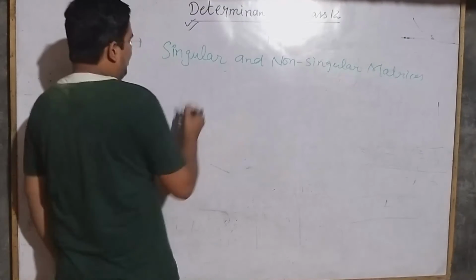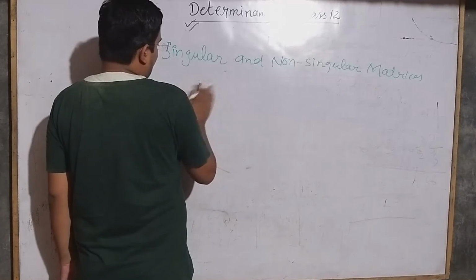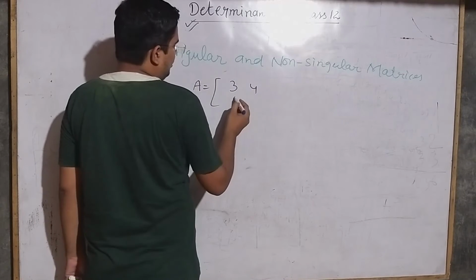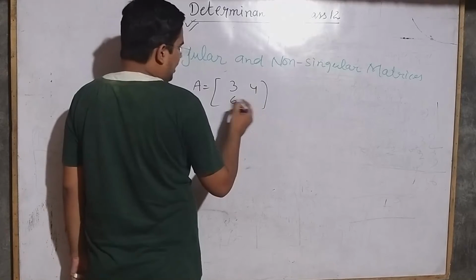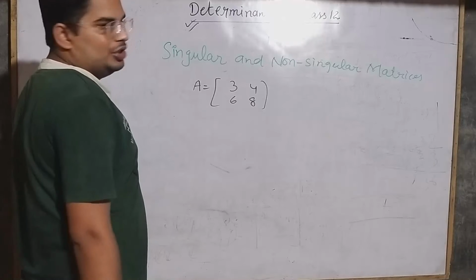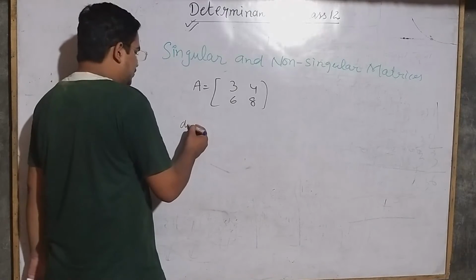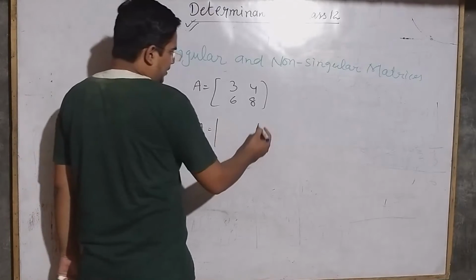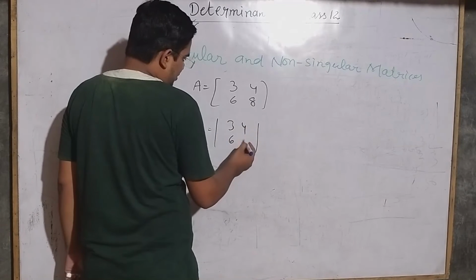If I have a matrix like this, this is the matrix A, and written here 3, 4, 6, and 8, please tell me, is it singular or non-singular? So you will write down the determinant of A. It will be converted like this: 3, 4, 6, 8.